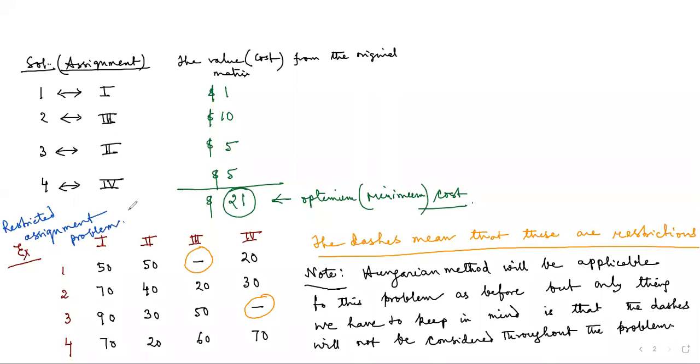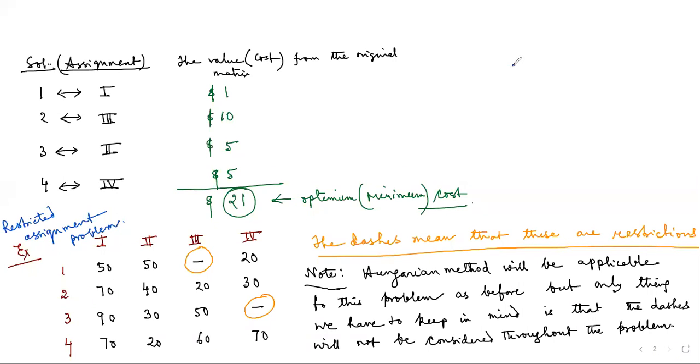I can remember that in the previous session I told you I used the term minimal and not minimum. Why is it so? What is the difference between minimum and minimal?